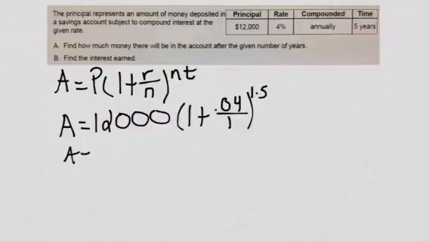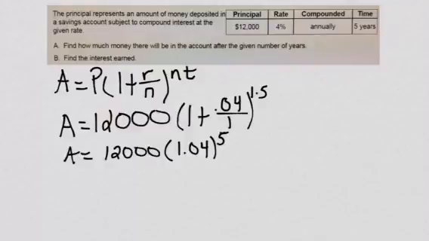So we have A equals 12,000 times 1.04 raised to the 5th power. Now there's a couple of different ways that you could punch this in, so it's up to you how you want to do it. What I would do is I would do the 1.04, raise that to the 5th power first, and then I would take that and multiply that to the 12,000.